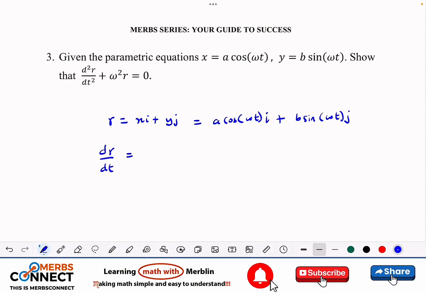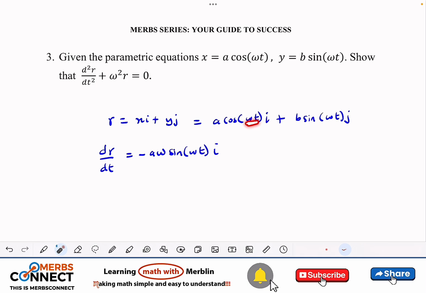So what is dr over dt? So we are differentiating this again. cos is going to give us minus a omega sine omega t i. So don't forget, we are using the chain rule. When I differentiate cos, I'm going to have minus sine. Then when I finish, I need to differentiate what is inside with respect to t, which is going to give us omega.